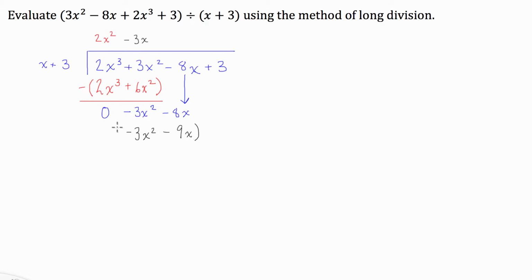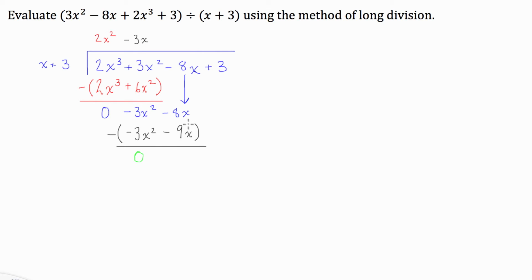And then we're going to subtract this from the numbers above it. We're left with negative 3x squared minus, so plus 3x squared is 0.